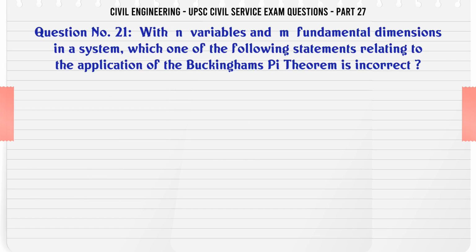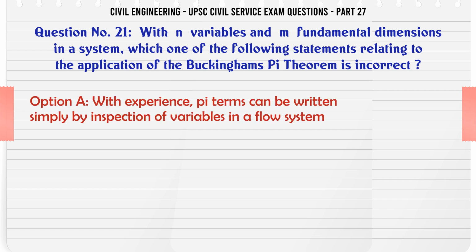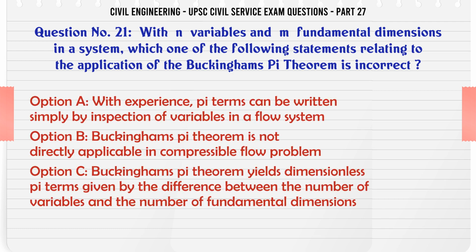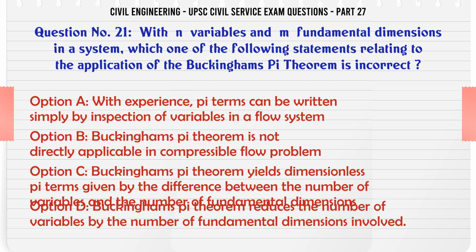With n variables and m fundamental dimensions in a system, which one of the following statements relating to the application of Buckingham's Pi theorem is incorrect? A. With experience, pi terms can be written simply by inspection of variables in a flow system. B. Buckingham's Pi theorem is not directly applicable in compressible flow problem.